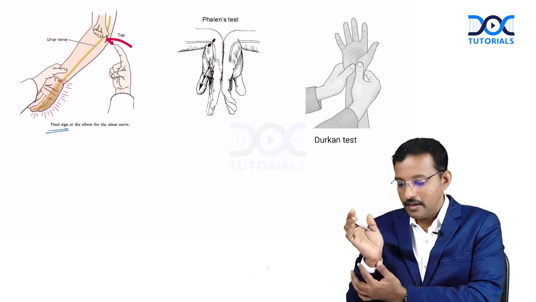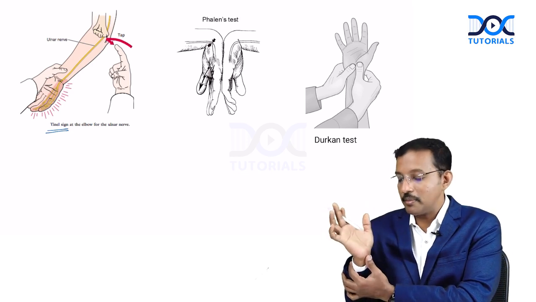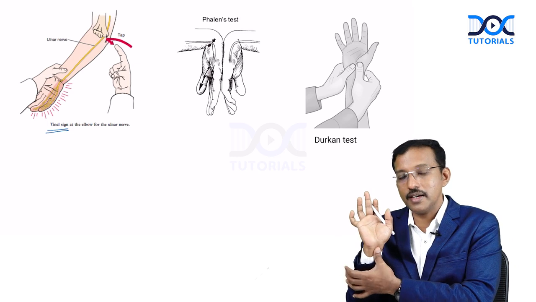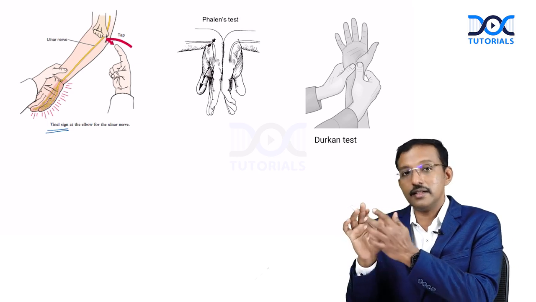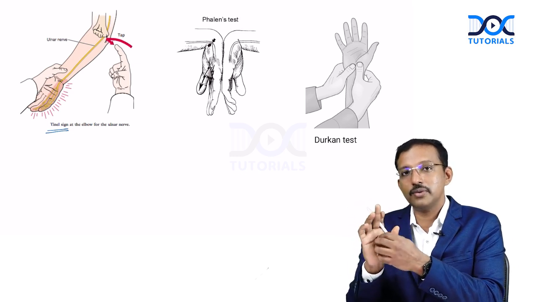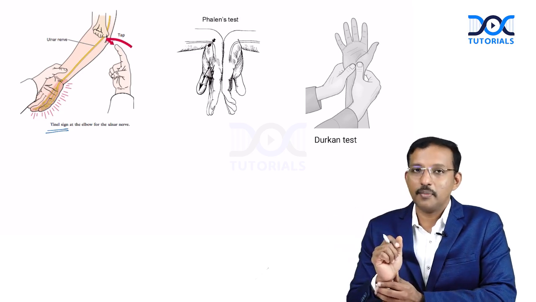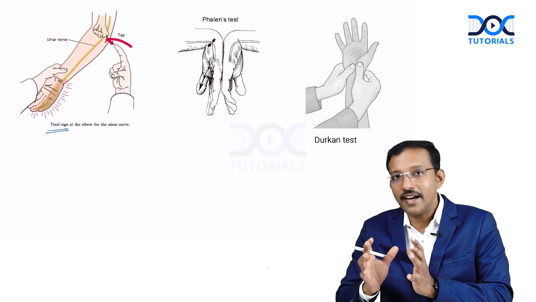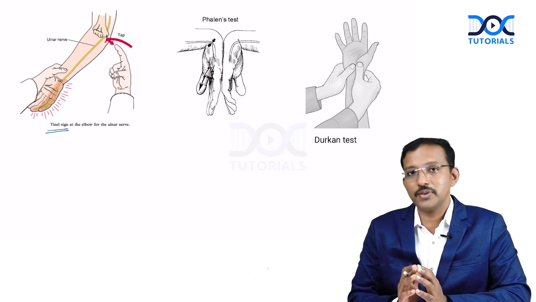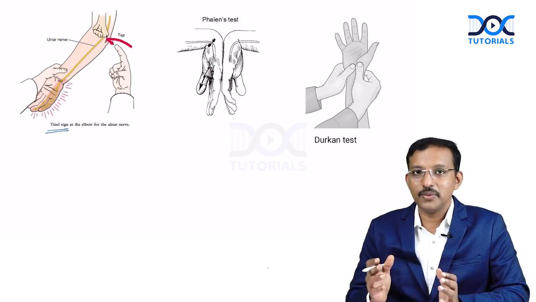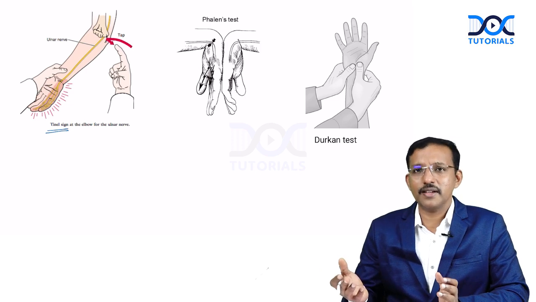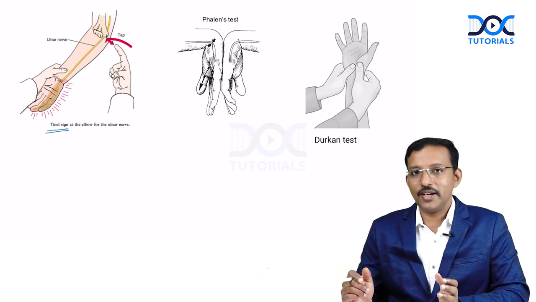Durkan's test is otherwise called the median nerve compression test. You are compressing the median nerve to get a tingling sign along its distribution. This happens with carpal tunnel syndrome. All these are additional points which can be used when it comes to other questions, especially neurology or orthopedic question papers.